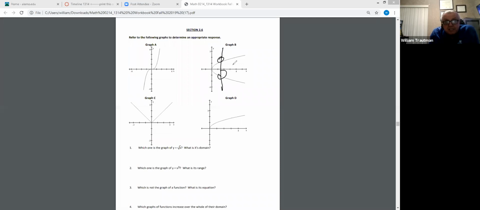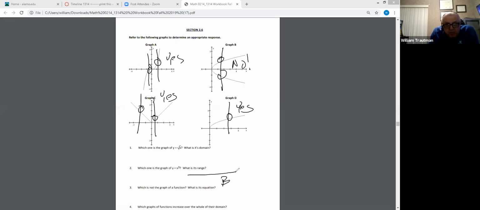It touches twice, and that's the only one. Do you see any vertical line that crosses only one time? Yes, it's a function. Yes, it's a function. Yes, it's a function. No, it's not a function. So graph B is not a function.